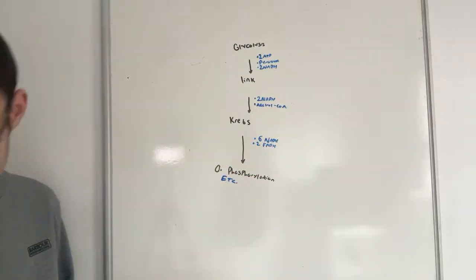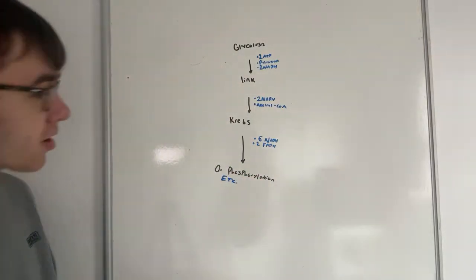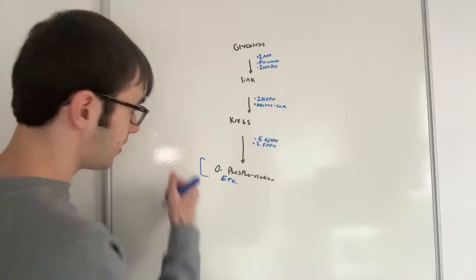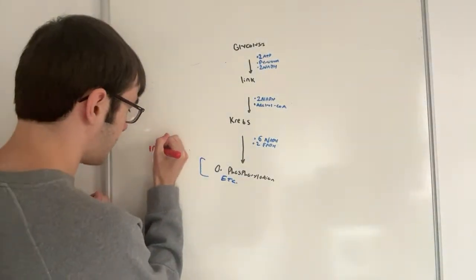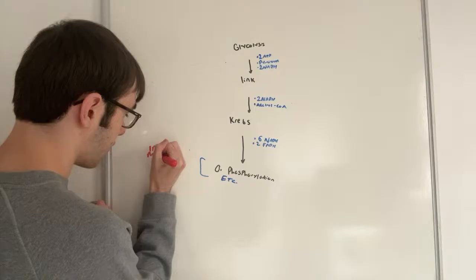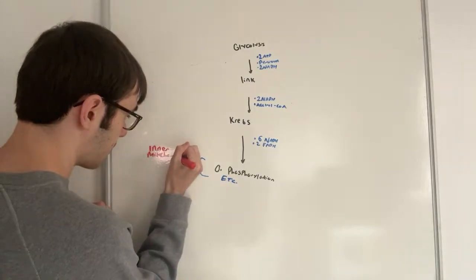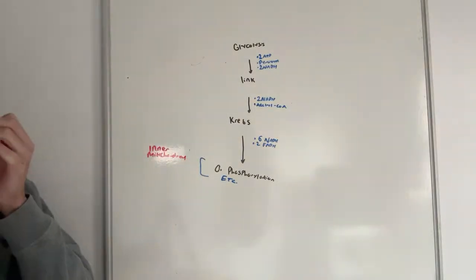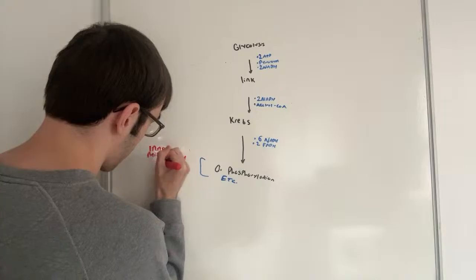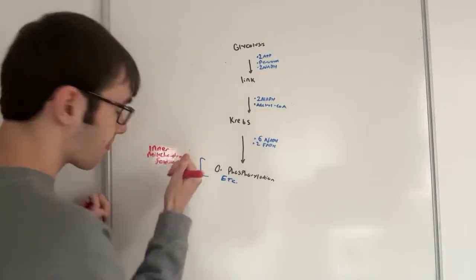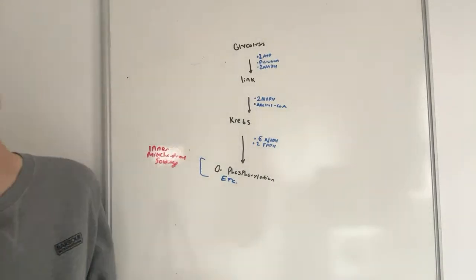Now, where do these occur? These occur in the inner mitochondrial membrane of foldings. So basically the membrane of a matrix.